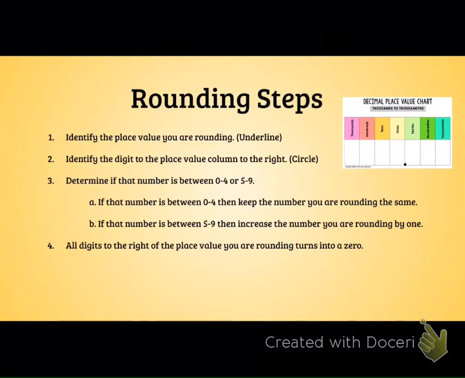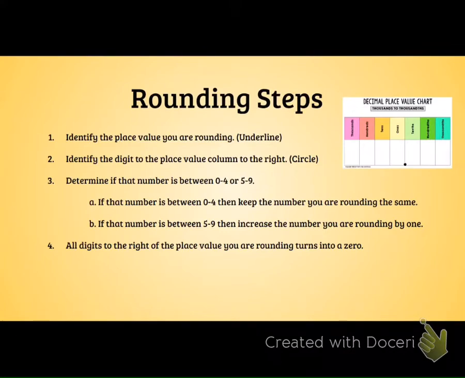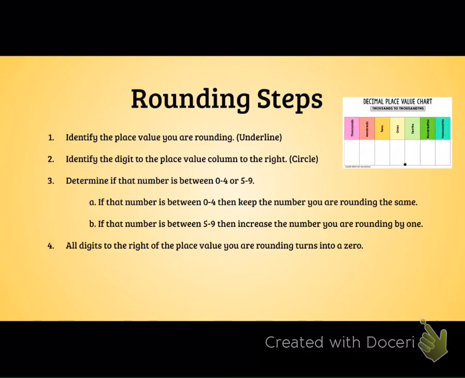Once we have done that, number 4, all the digits to the right of the place value turn into zeros. Everything to the left of the number that we underlined stays exactly as it is. Pause the video and please write down these rounding steps in your notes now. Stop the video.